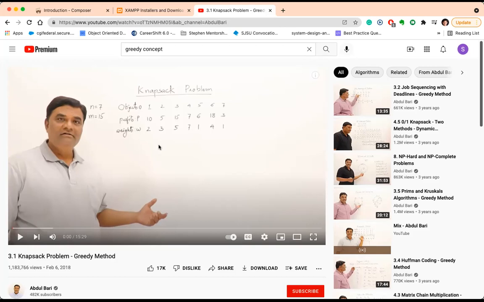Just think about optimization, and wherever you can take fractional values out of given values, go with the normal knapsack greedy approach, which is fractional knapsack. And if it's explicitly mentioned in the problem that you can either pick the whole unit or whole element, or don't pick it at all, that's it.